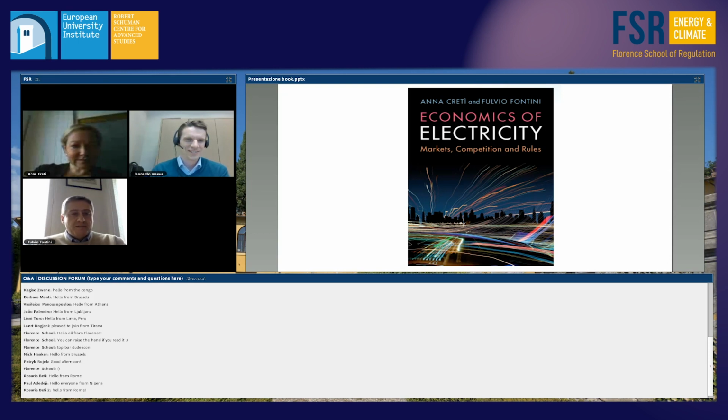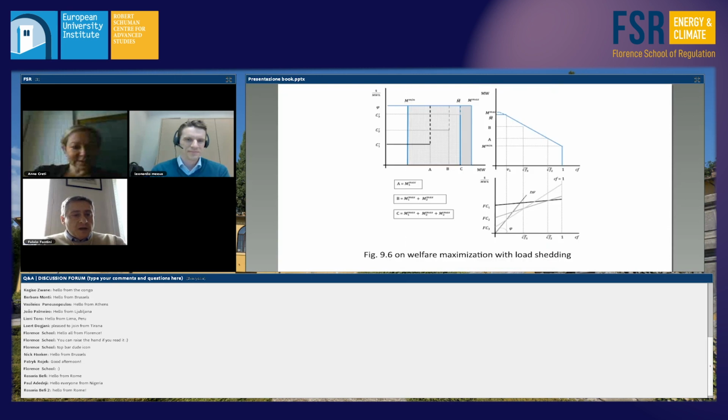But there are several parts that I like. Let me put on the screen a slide which looks rather complex at first glance. This is in chapter 9. I think that chapter in general and that part is one of my favorites, because it explains well the specificities of economics of electricity compared to other markets.